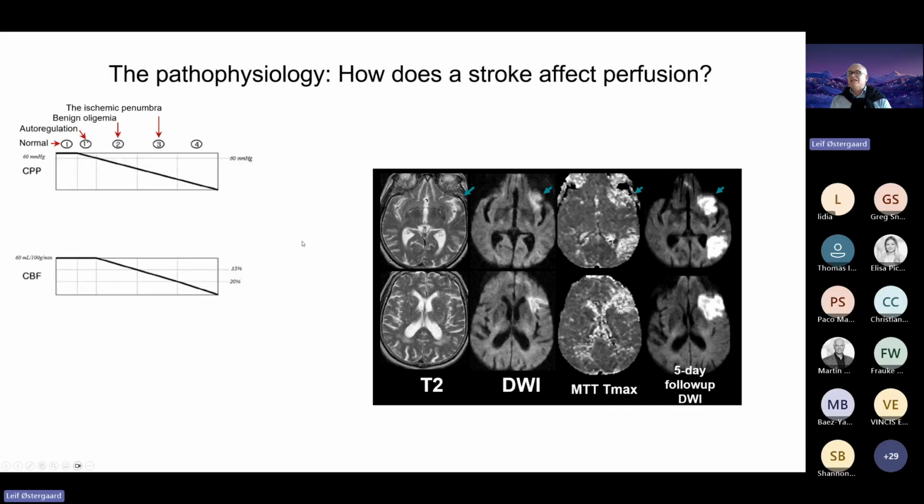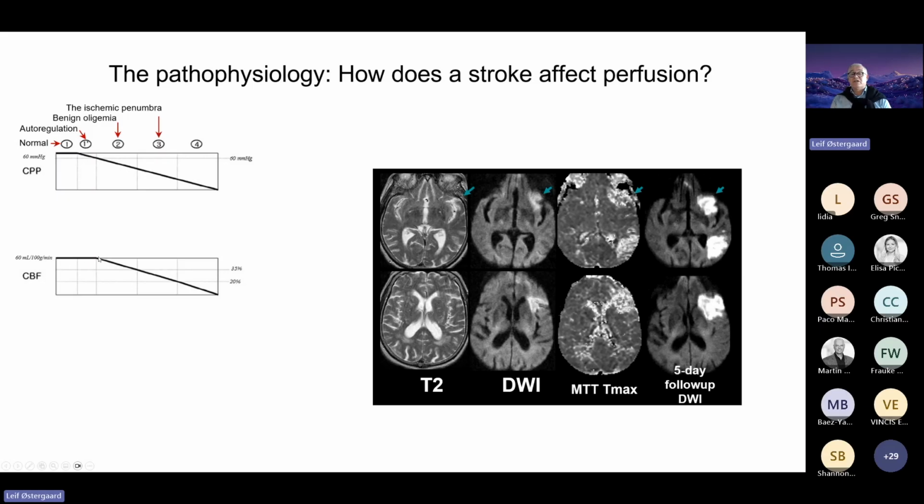And I'll delve a little bit into this pathophysiology. Why is it that we're talking about low CBF as really the cause of what determines oxygenation? But then we look at these maps instead, so the MTT or the Tmax map. Well, if we imagine what happens after a stroke, then what really happens is that the perfusion pressure gradually drops. It drops quickly, as a matter of fact. And actually, CBF doesn't drop immediately.